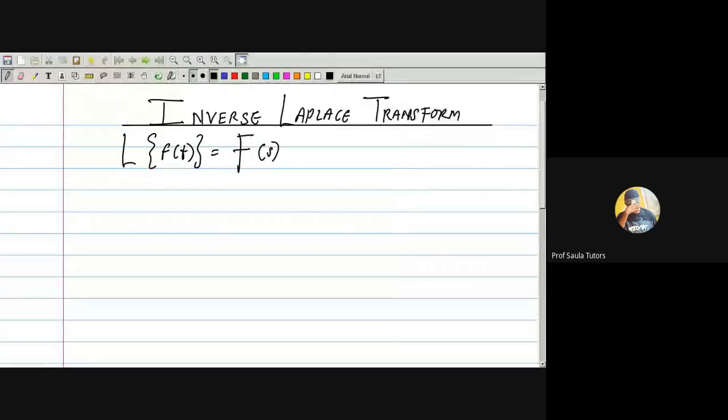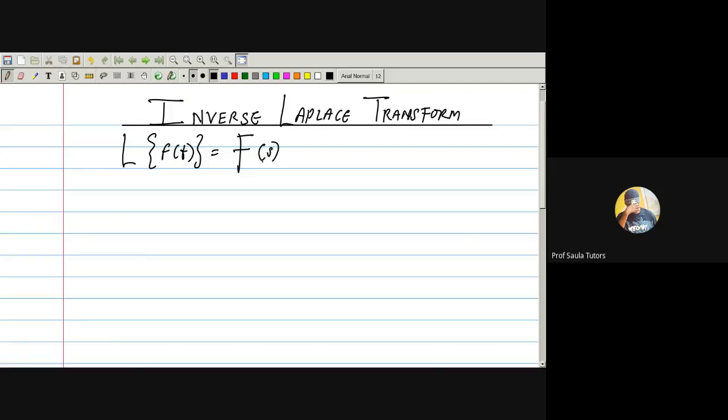I said, remember that. I was talking about connection. Okay. We want to do inverse Laplace transform. Remember that yesterday we learned that the Laplace transform of a function will always be a function of s. That's why if you find the Laplace transform of any function, you'll be seeing something like s there. So whenever you find the Laplace transform of a function of t, you'll be having F of s.